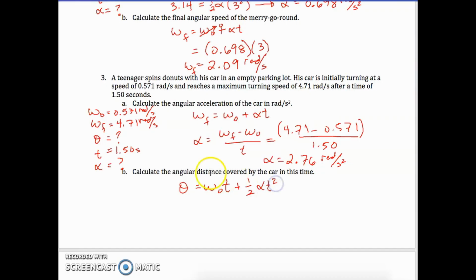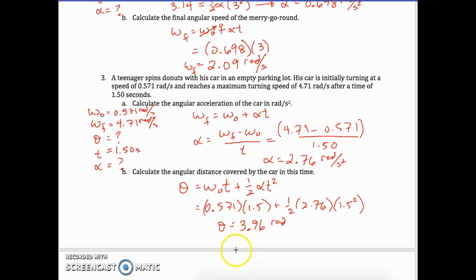Since at this point we have the other four kinematic quantities, depending on the equation that you choose, you may or may not have algebra to do. And that gets us an angular distance that he turns through in that time of almost 4 radians. So about 2/3 of a spin around the circle.